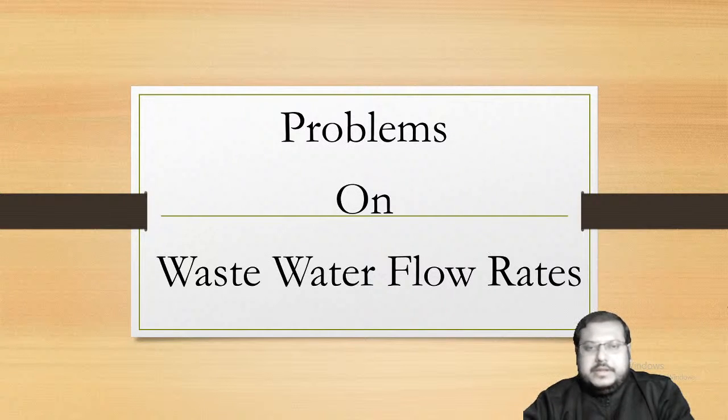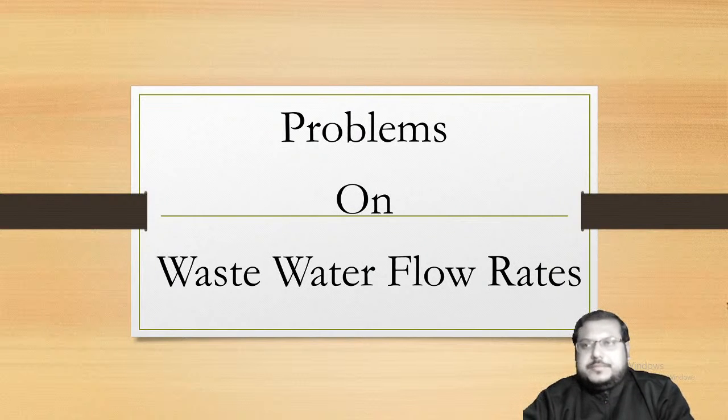Today I am going to deal with the problems on wastewater flow rates, and then I will deal with the problems on design of CVATs. Then tomorrow I'll go for the problems on characteristics of wastewater. Then the day after tomorrow I'll go for the problems on primary treatment and activated sludge process.